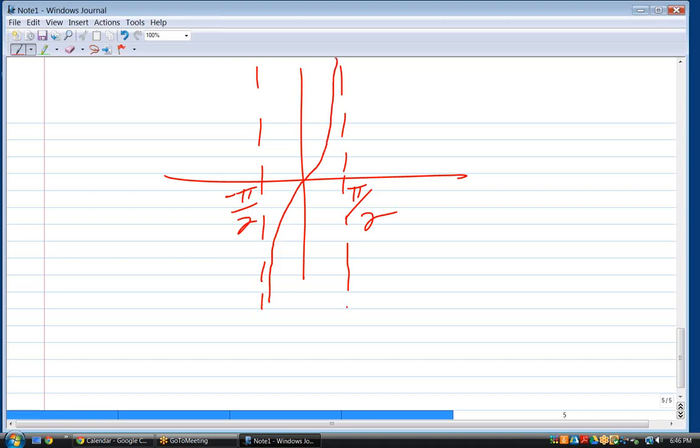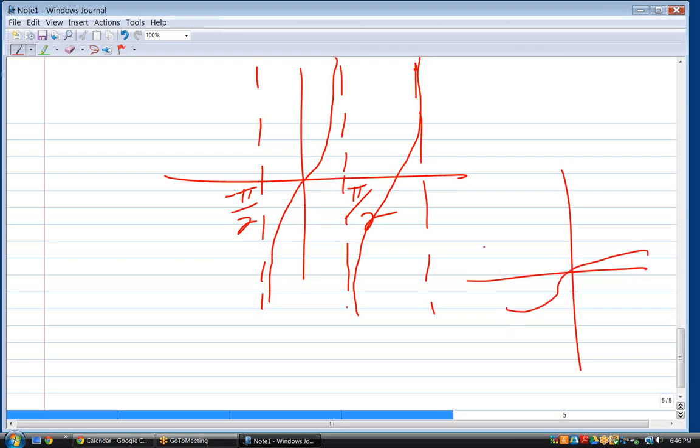I can reflect that and come up with the inverse tangent function. If I include more periods of the tangent, I can't do that. Now when I draw the inverse function, it looks something like this. Those aren't functions. The only way it's a function is if I have only one period of it plotted.